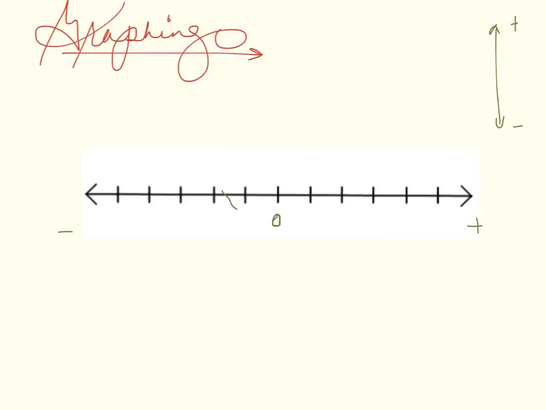Do we have to number by ones? Not necessarily. I could say the value of this number line is 2, 4, 6, 8, 10. So this would be -2, -4, -6, -8, and -10. I could do it by fives, hundreds.